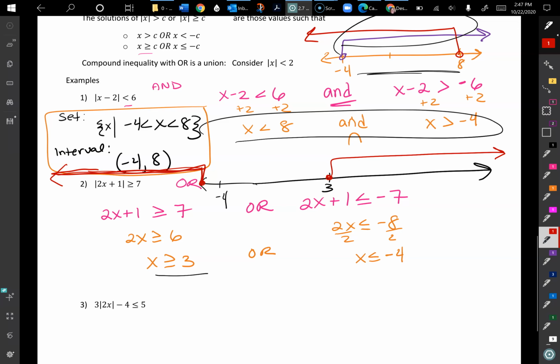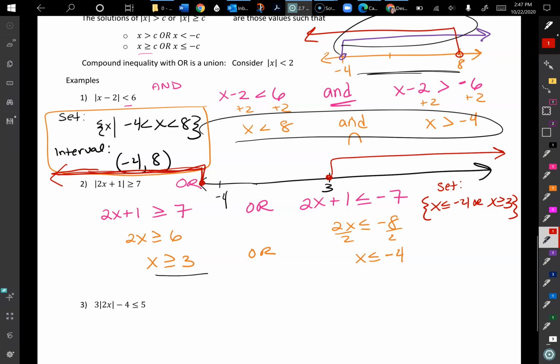In set notation, I would write it just as it lays out: x is less than or equal to negative 4, union, or x is greater than or equal to 3.